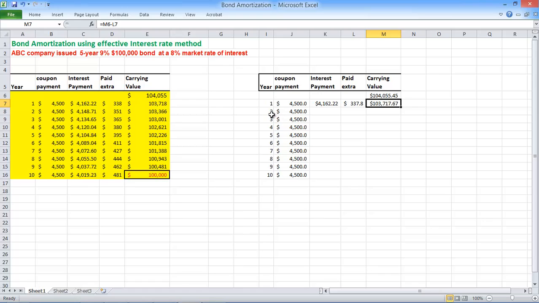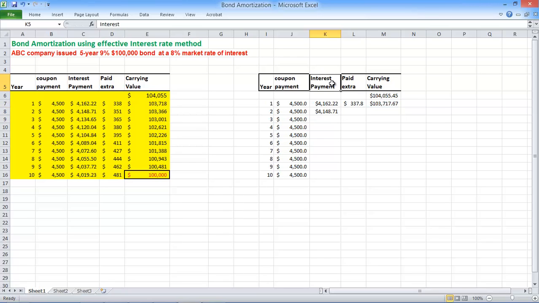In year two, our interest payment is going to be the book value from the end of year one times the interest rate, which is 4%. Again, we've got to pay 4% interest. That's our effective cost.